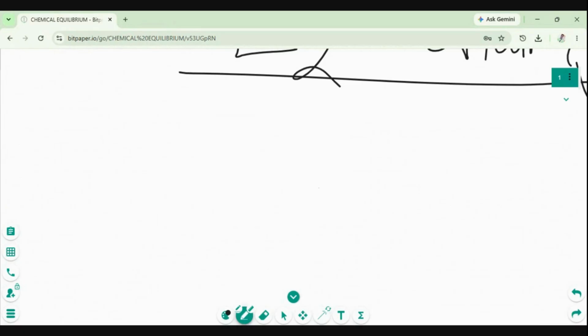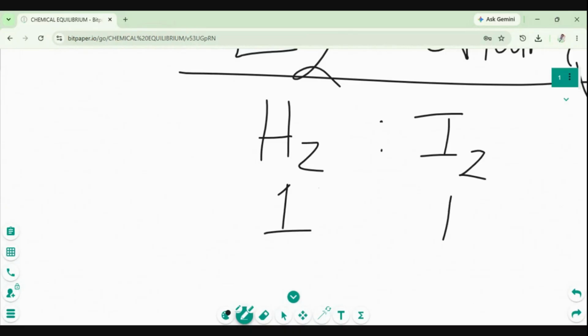They're telling us that if you have hydrogen reacting with iodine, when 1 mole reacts, it will react with 1 mole. But in our equation, was it 1 mole that reacted? No, it was 0.8. So if 1 mole reacts with 1 mole, how about 0.8?